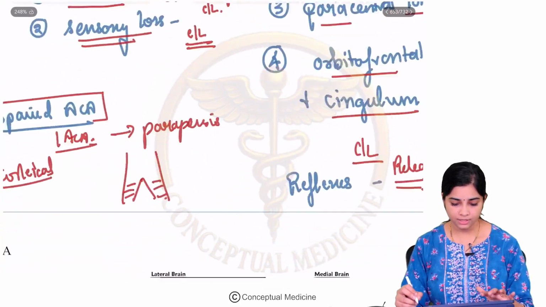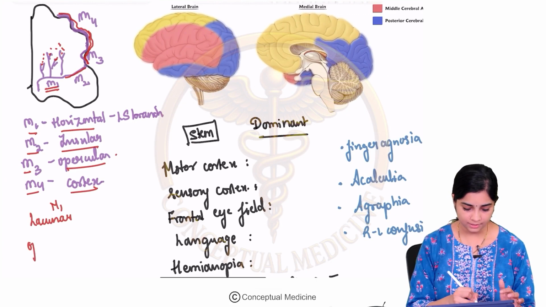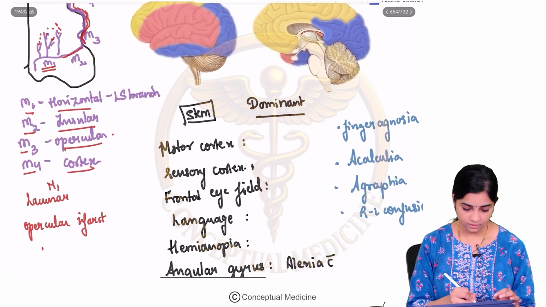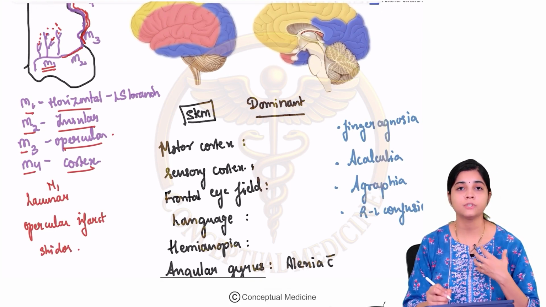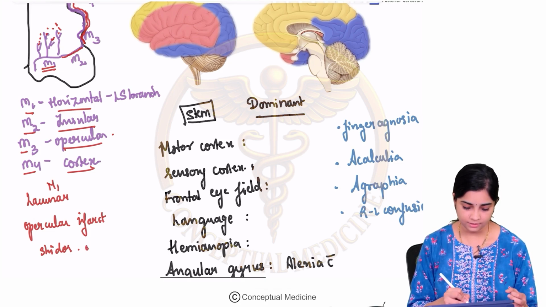So, opercular infarct. Whenever there is an M3 or an opercular infarct, it can result in what? It can result in stridor, weakness of your larynx and pharynx, dysphagia, and dysphonia.